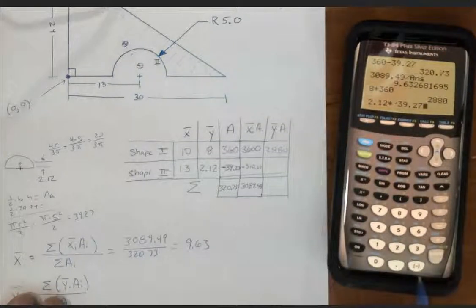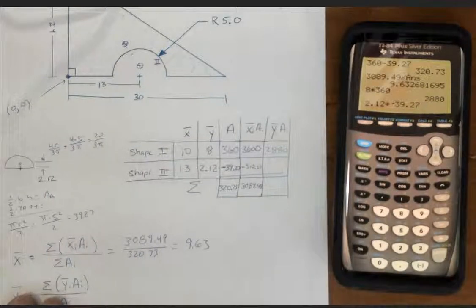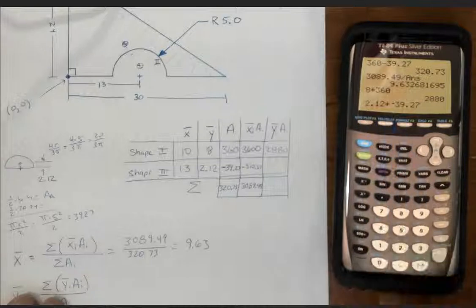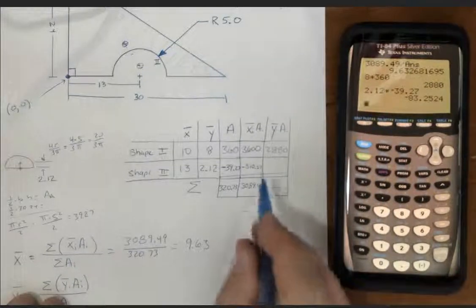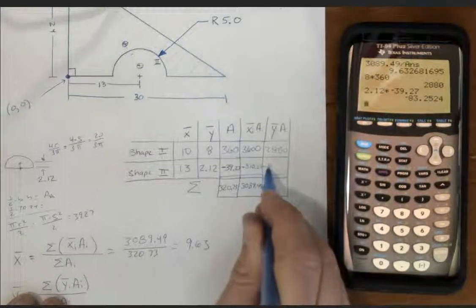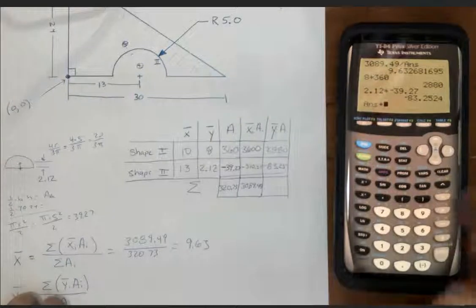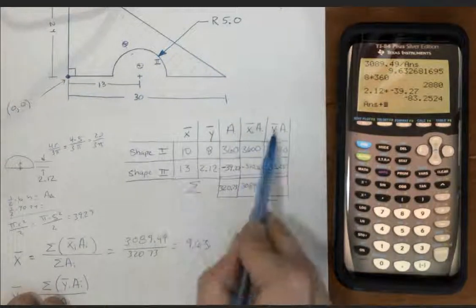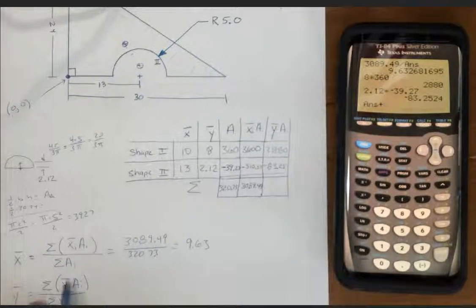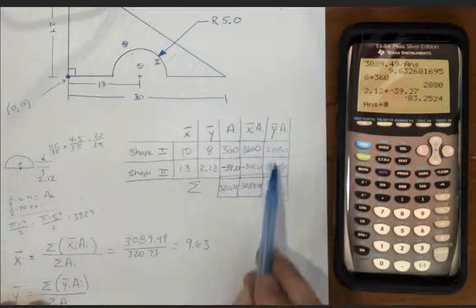Now I do have on my calculator a negative button. I didn't hit minus because I think that'll mess me up. So this 2.12 times the negative 39.27 was negative 83.25. So that answer plus, I'm going to now find the sum. The summation of this expression is just adding these two together.